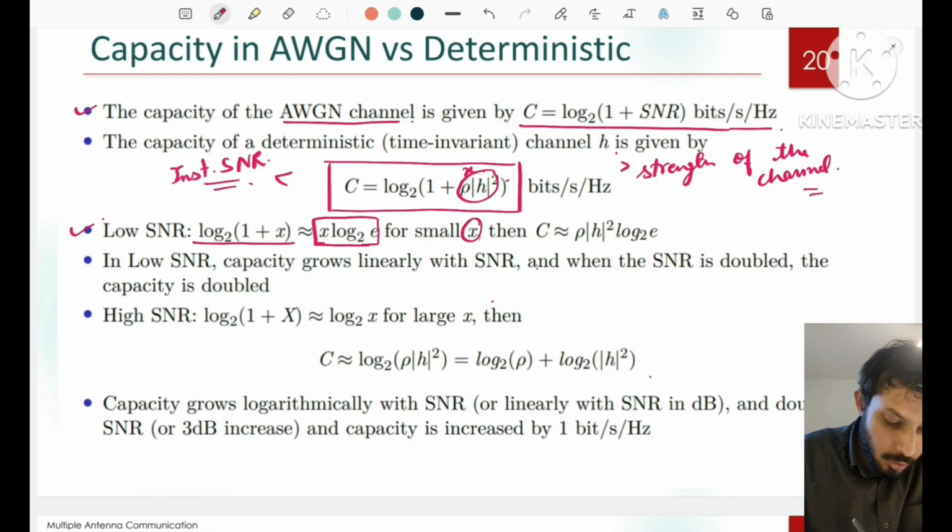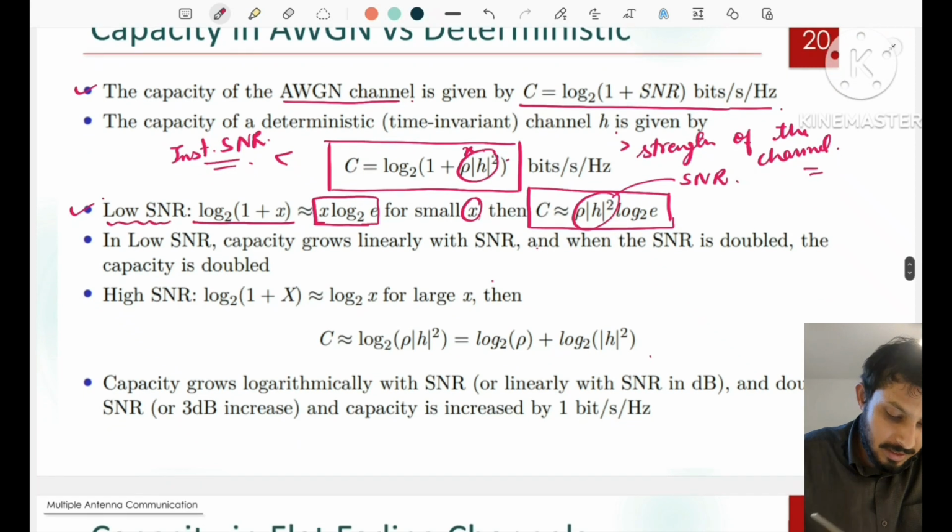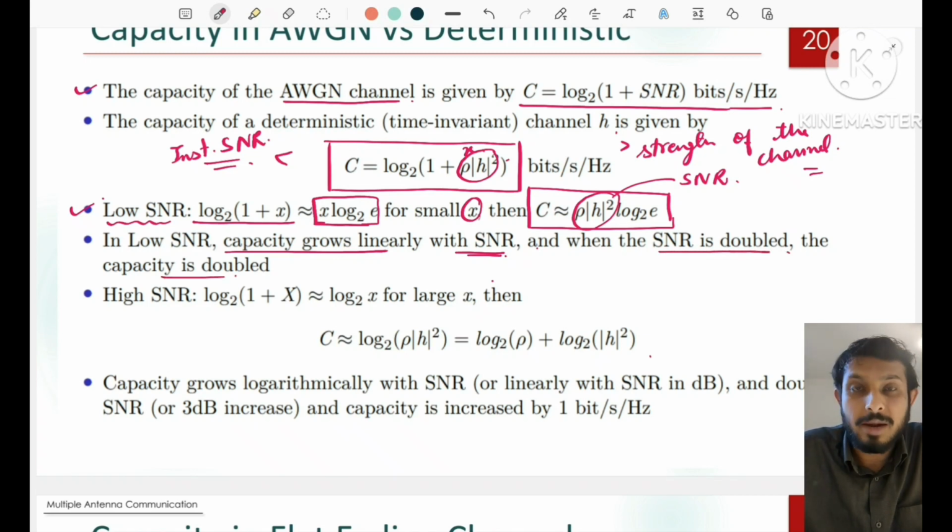That is for low SNR cases. In this case, the capacity is reduced to rho mod h square log2 e. That means it grows linearly with SNR. So in low SNR, capacity grows linearly with SNR, and when SNR is doubled, the capacity is doubled. So we can say for low SNR, we have a linear relationship between the capacity and the SNR.